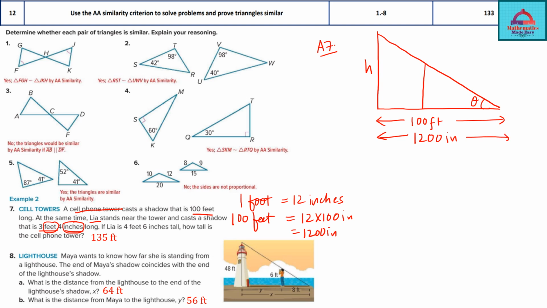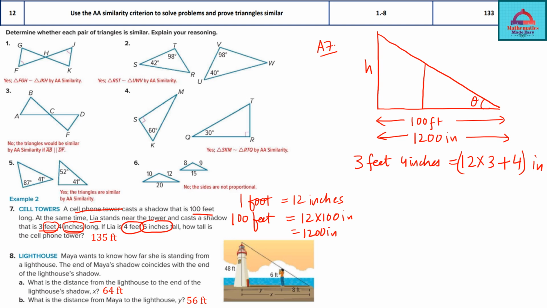I'm converting all the units into one. So I'm going to convert this 3 feet 4 inches also into inches. So let's do it. 3 feet 4 inches we have to convert to inches. Now, 1 foot is 12 inches, so 3 feet will be 12 multiplied by 3, and there are already 4 inches, so I'm just going to add, and now the new unit will be inches throughout.